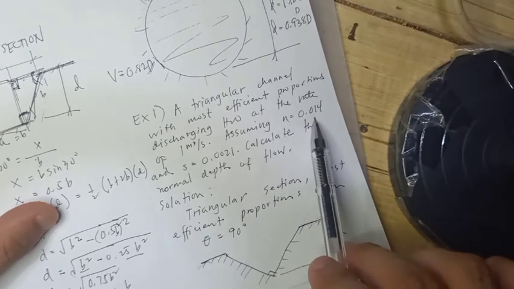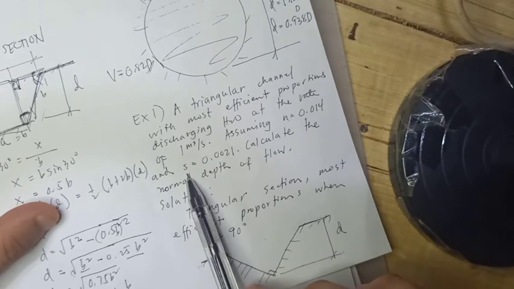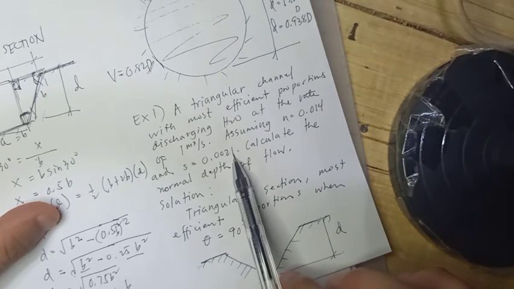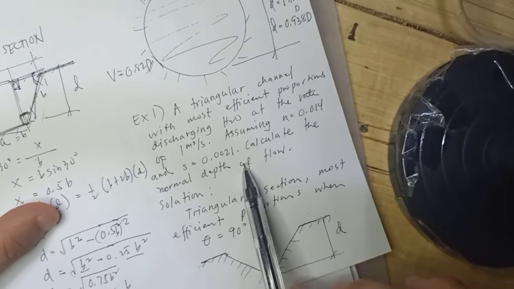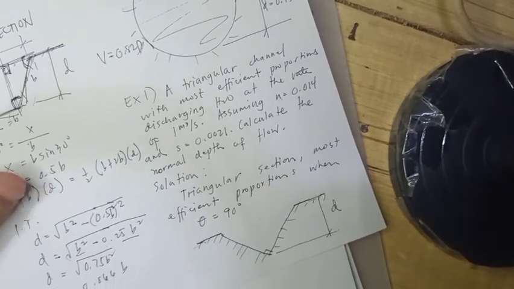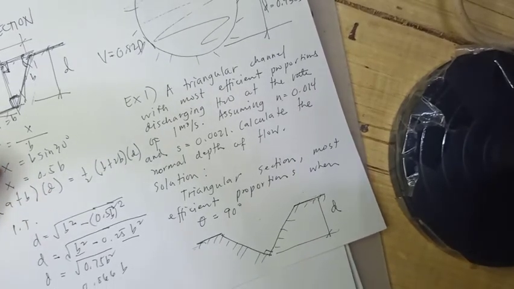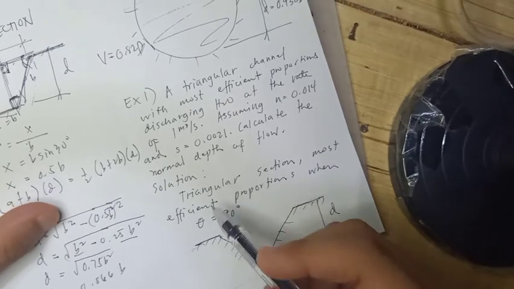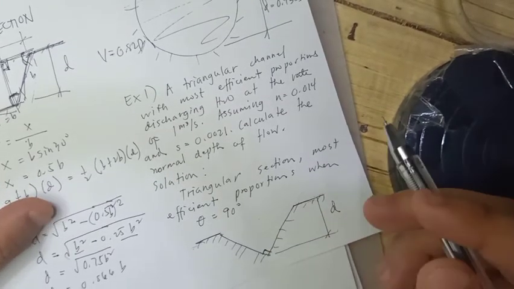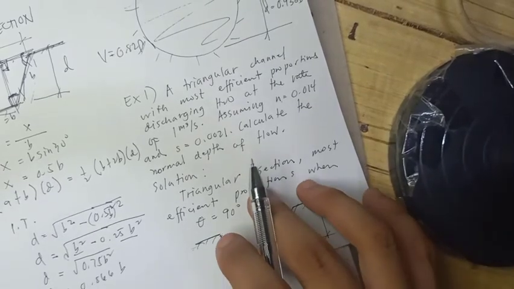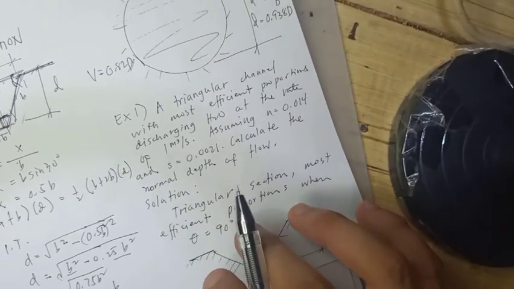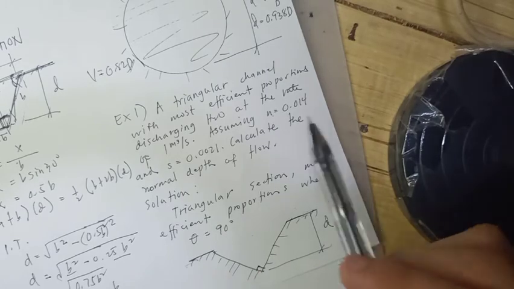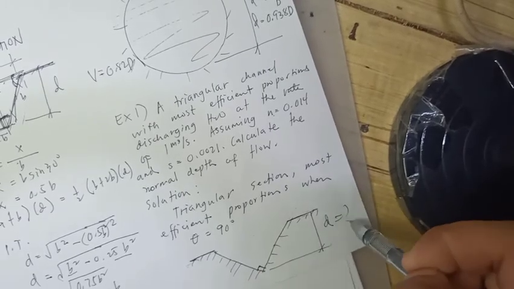Assuming that the roughness coefficient is 0.014 and the slope is 0.0021, calculate the normal depth of flow. So the solution would be the triangular section, the most efficient proportions when the theta is 90. Right? So we need to find the normal depth, or the D. This one.